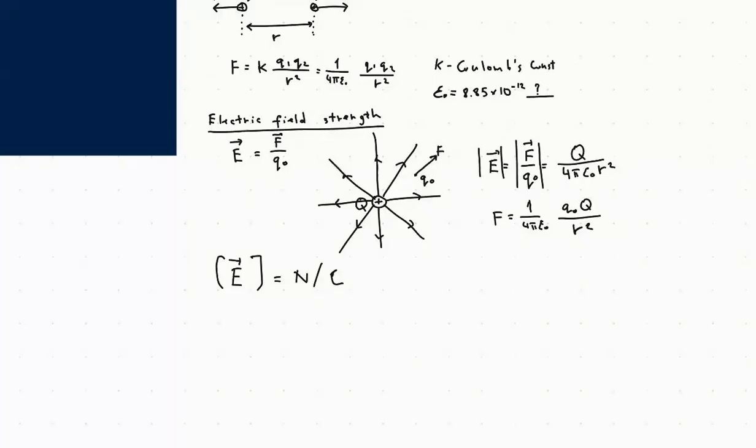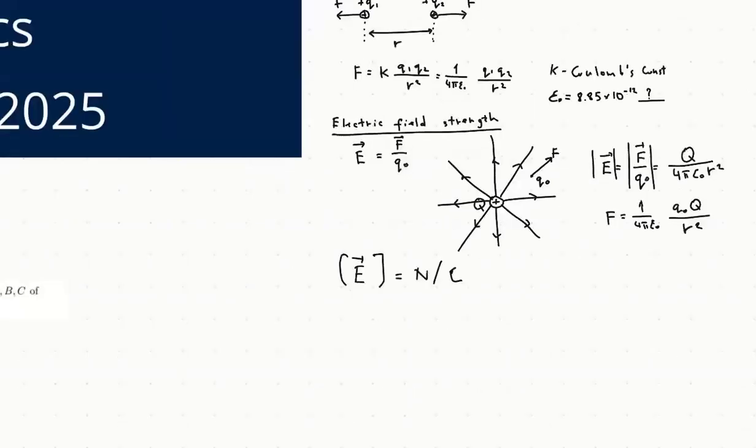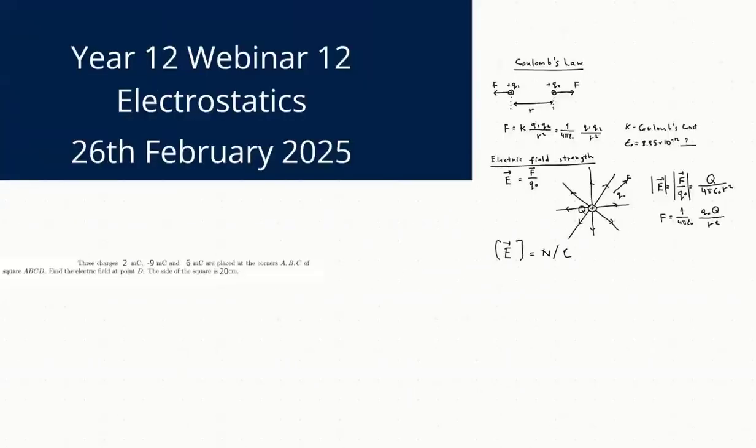So a typical value would be like 50,000 newtons per coulomb. That means if you place 1 coulomb of charge into that field, it will experience 50,000 newtons of force. It's not such a strong field. It's just that a coulomb is a very massive charge. Okay, nice. So let's move on.